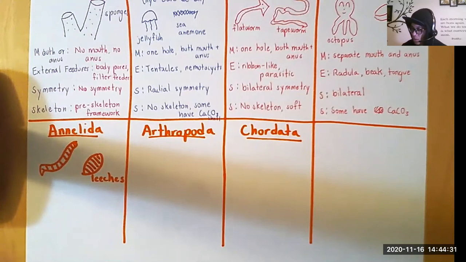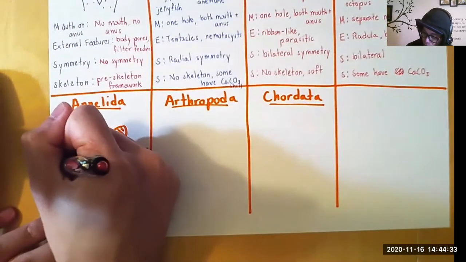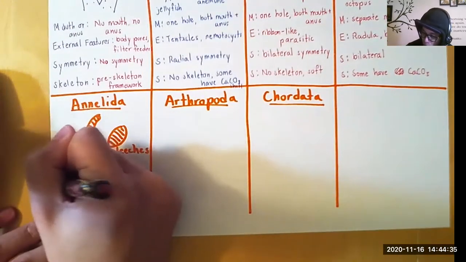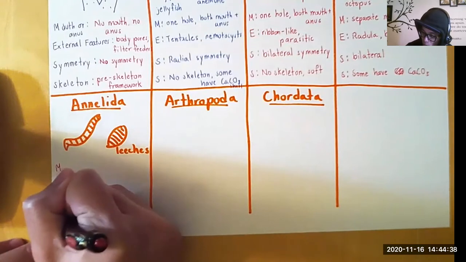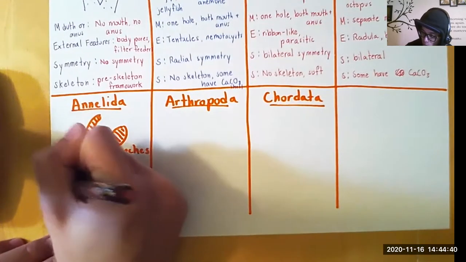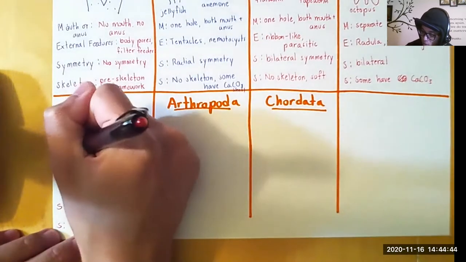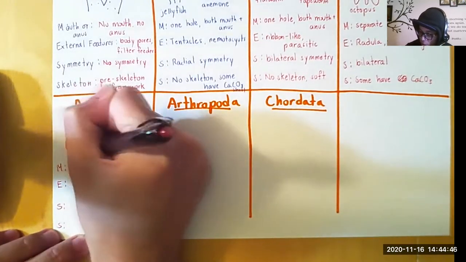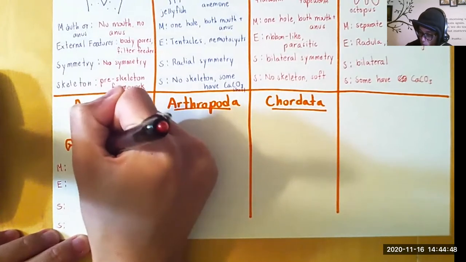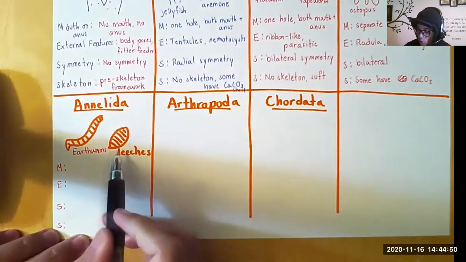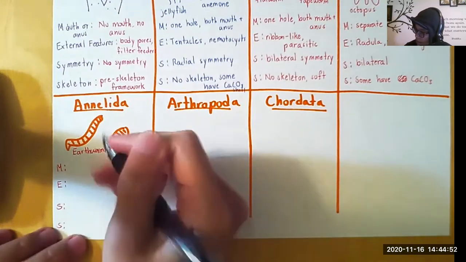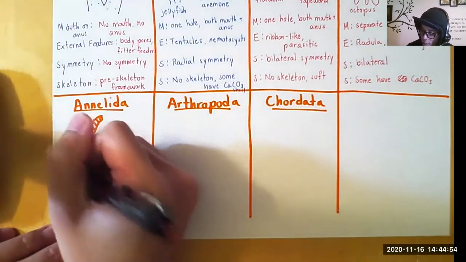So let's get going, shall we? So the annelids are very interesting. The reason I've drawn these little lines on them is because these annelids are segmented.